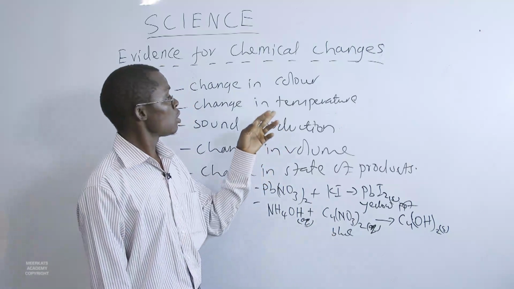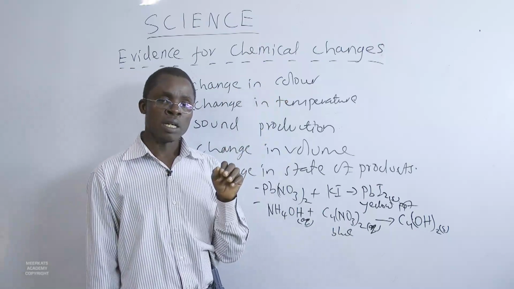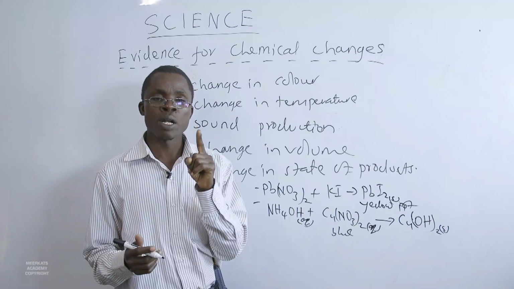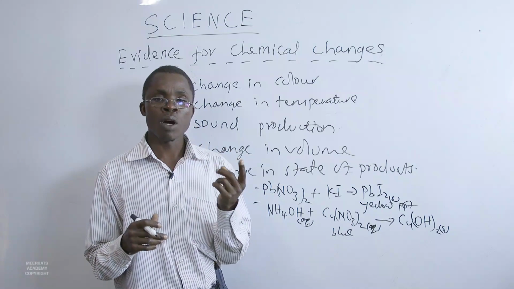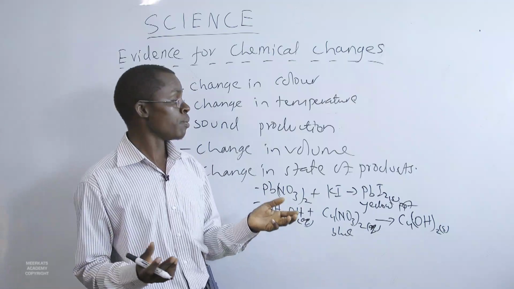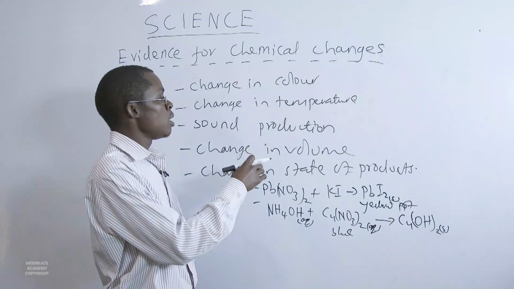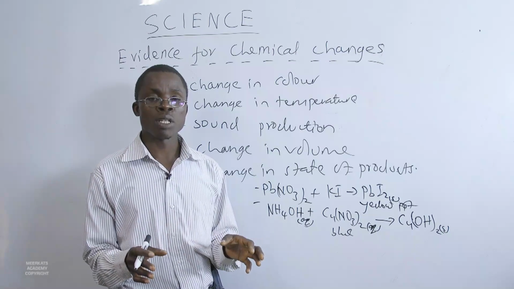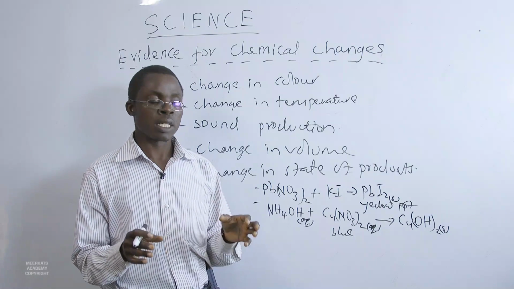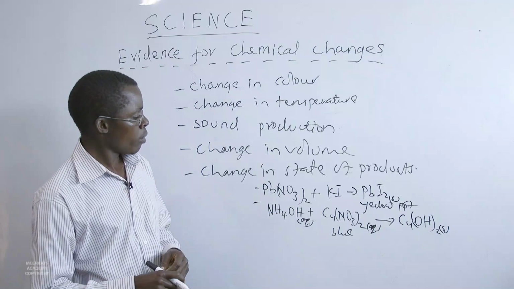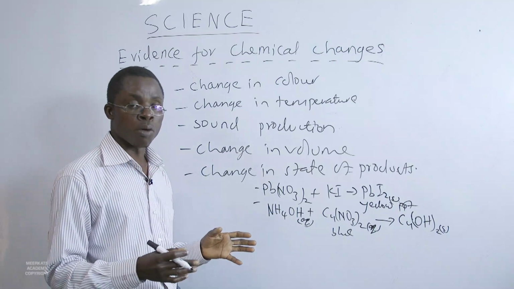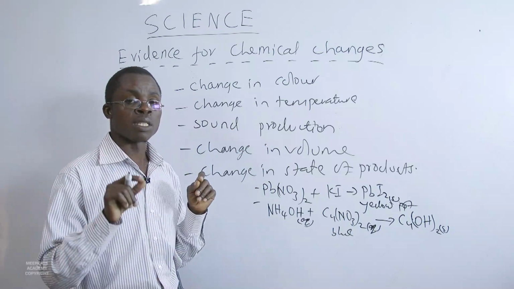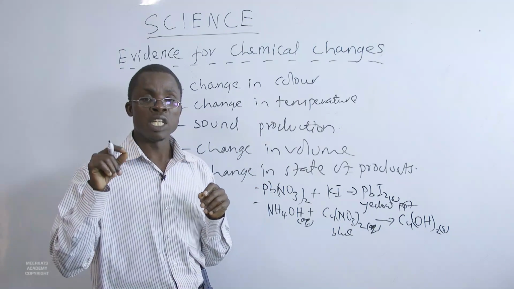However, it is also in addition to what? Change in color. So as you can see, it's not a must that you only use one aspect. You can use 2, 1, 3, or all of them, because we may have a reaction where all of them or nearly all of them are seen to confirm that a chemical reaction has taken place. Like in this one, we are seeing 2 comfortable ones. Another one is change in temperature, but you will not easily notice it.